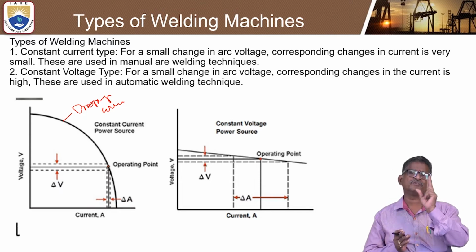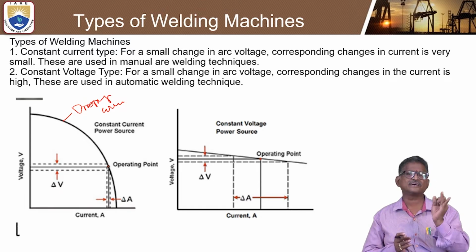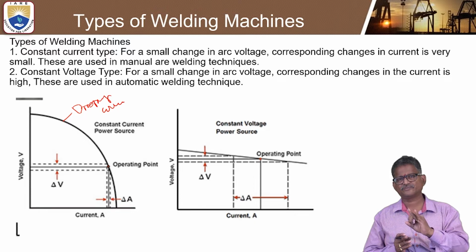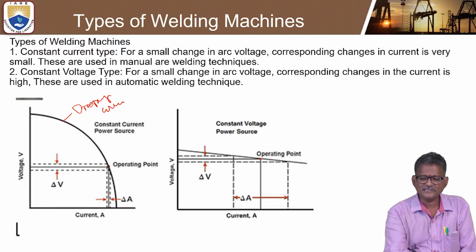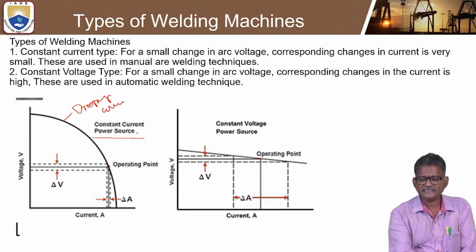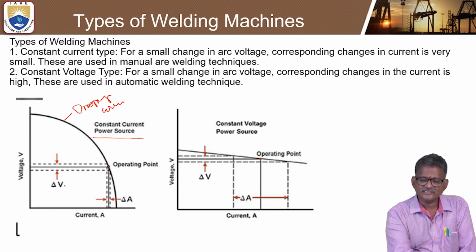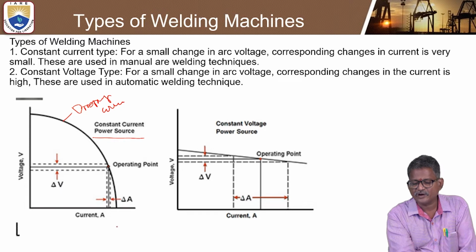One is the constant current type and the second is the constant voltage type. The first is called the constant current power source. On the x-axis is current and on the y-axis is voltage. You can see the change in voltage, delta V, and this is called the operating point. This is also called the drooping curve.